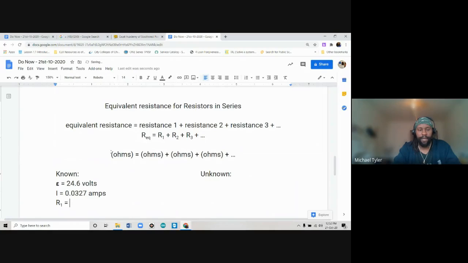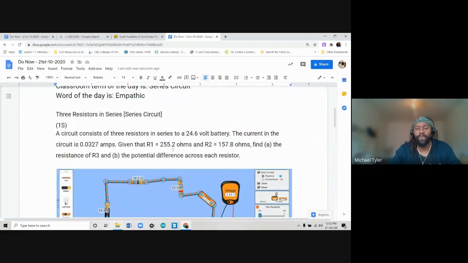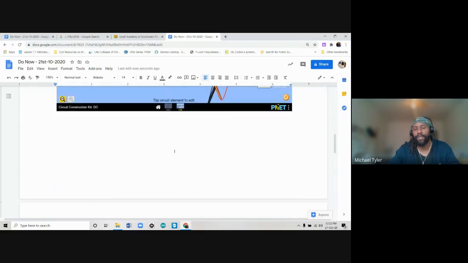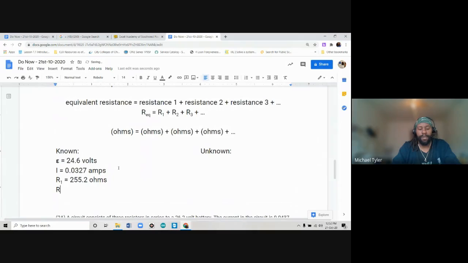And equal to, what do we have? What was our first resistor called? It was, let's see, resistor 1. R1 was 255.2. This is ohms, right? R2 was what?